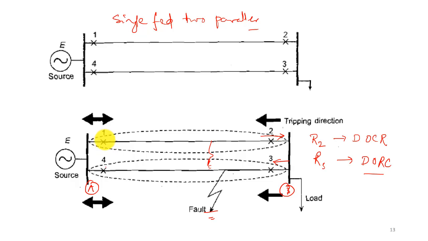Only an overcurrent relay is fine for this, right? Okay. So because the source is here, the source is providing the power, therefore only R2 and R3 will be chosen as directional overcurrent relays here, because the tripping direction is only away from the bus. Okay.